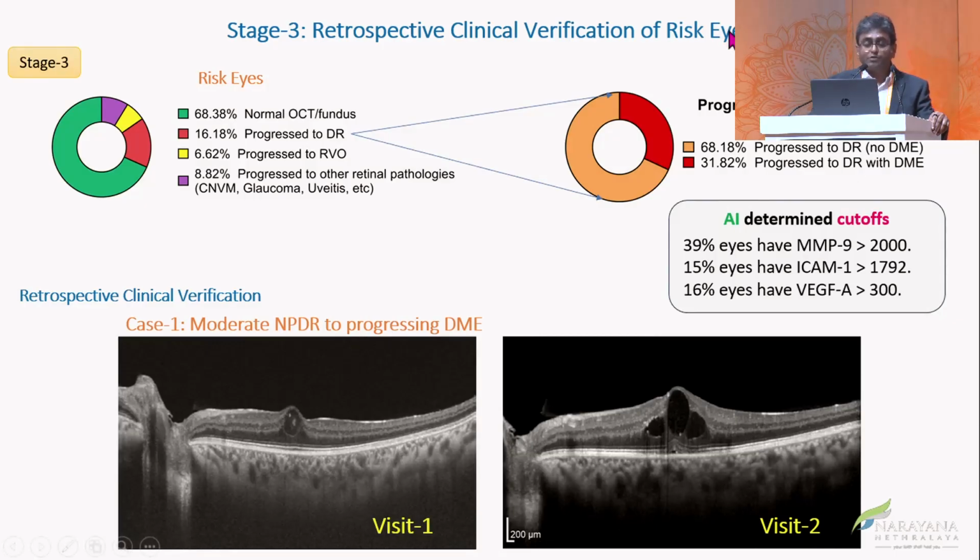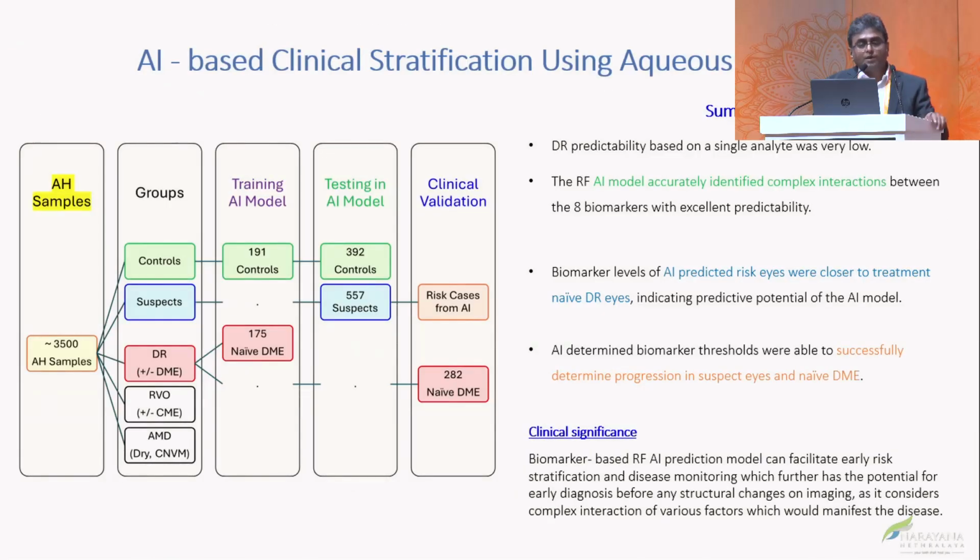Out of those 16%, 68% progressed to severe forms of diabetic retinopathy, whereas 31% progressed to DR with DME. So when you look at these biomarkers, even before DR sets in, maybe during a cataract surgery, that can give an indication of the chance of developing DME or DR. So this is AI-based stratification.